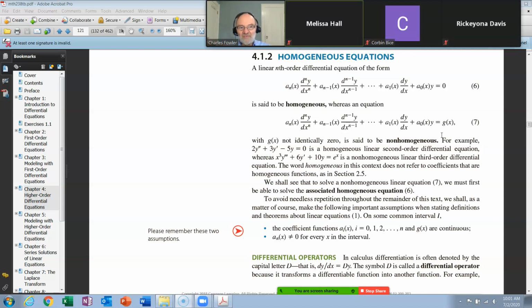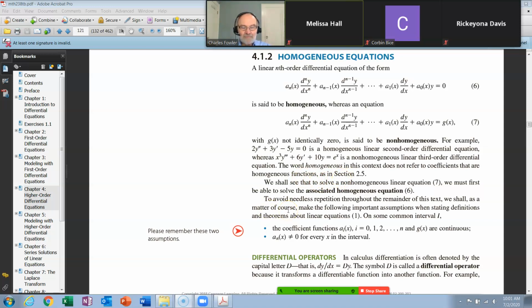If it's any other function of x, e to the x, sine x, anything with an x in it, that's not homogeneous. Only if it's a 0 and a 0 only is it a homogeneous differential equation. The word homogeneous in this context does not refer to the coefficients being homogeneous functions, as in section 2.5. So that's what I kept trying to say.